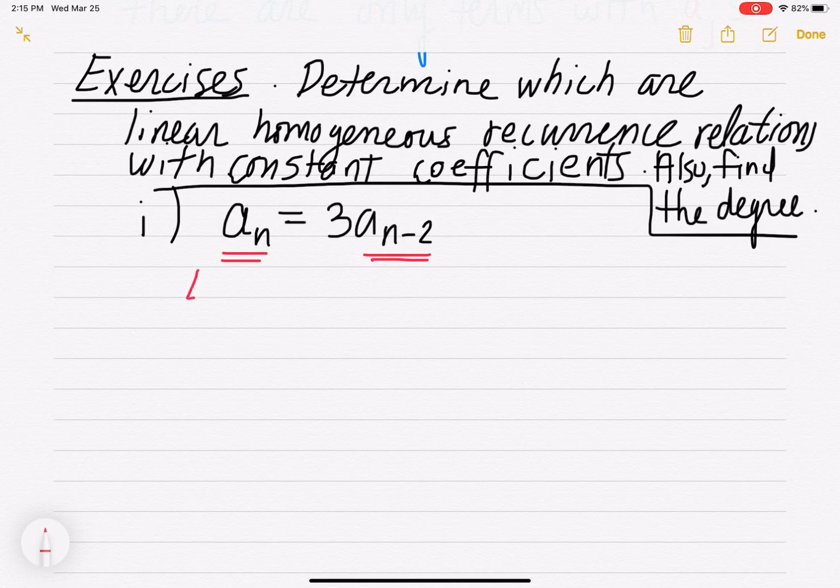This is linear. This is homogeneous because the only terms that are showing up are a_n and the a_{n-2} type term. We don't have like a plus n or a plus n squared, so it's homogeneous. It's a recurrence relation. It has constant coefficients.